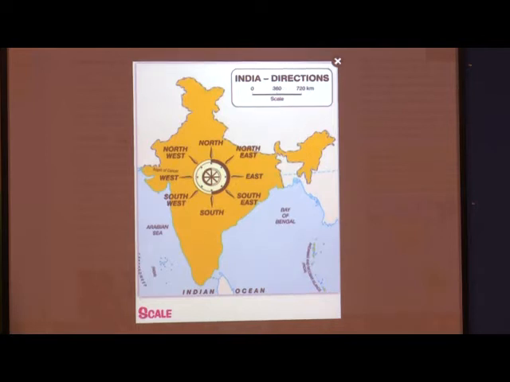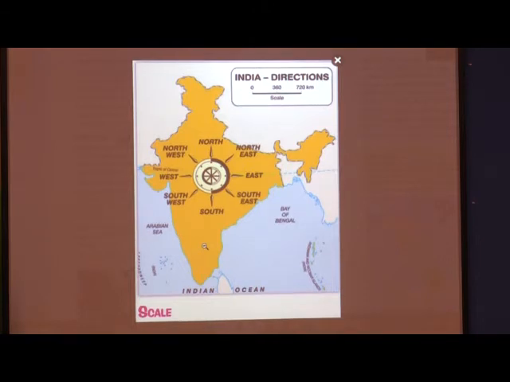On top is always north, as I told you earlier. At the bottom we have south. We say North Indian, South Indian, West Indian, East Indian. In India we have so many directions.